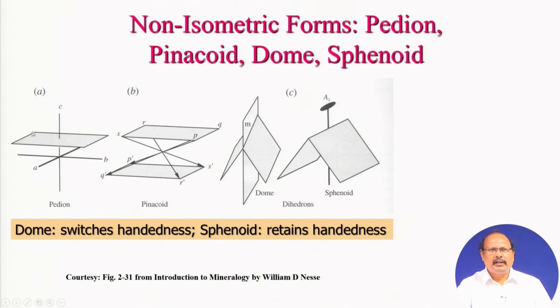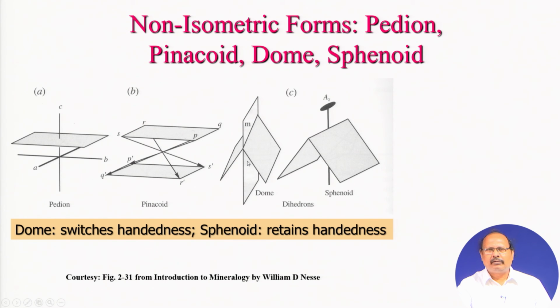This is your single face here, this is your pedion. Now, if you have this face here and if you have a center of symmetry here, you generate another face at the diametrically opposite direction, and these 2 parallel faces we call a pinacoid. And these 2 crystal faces intersect at this point.